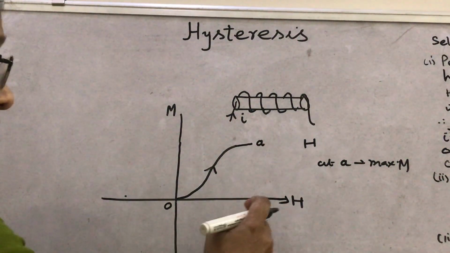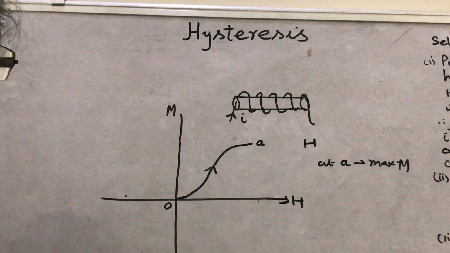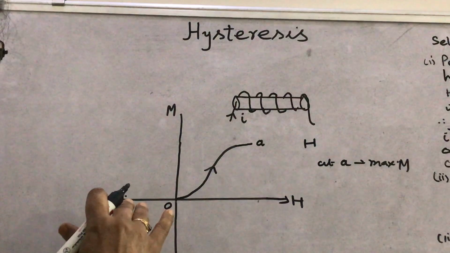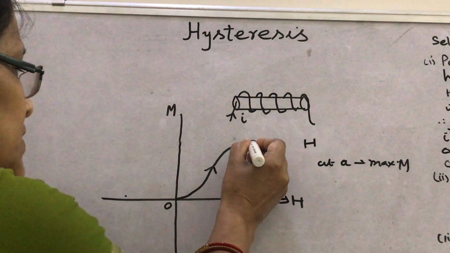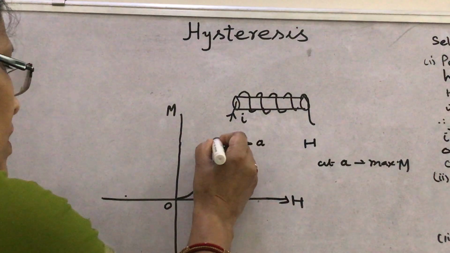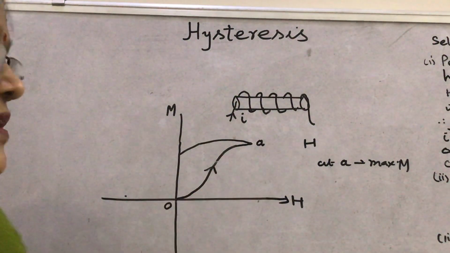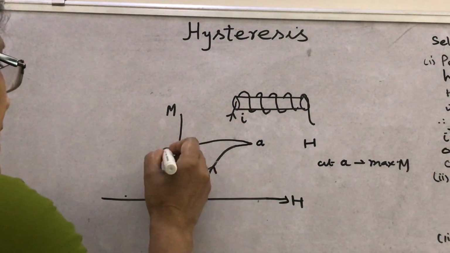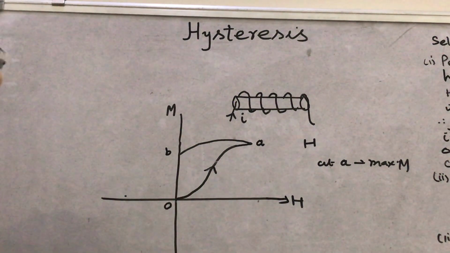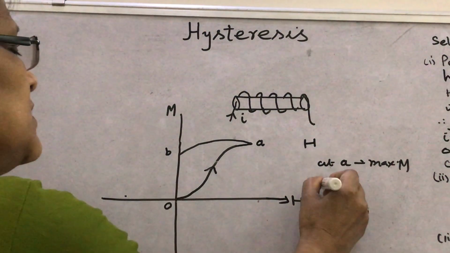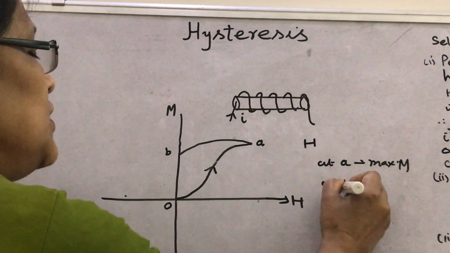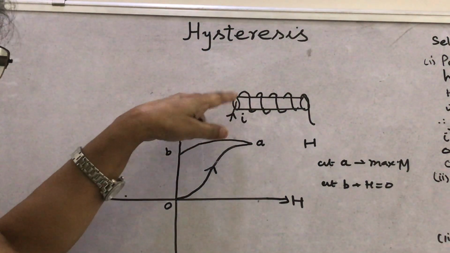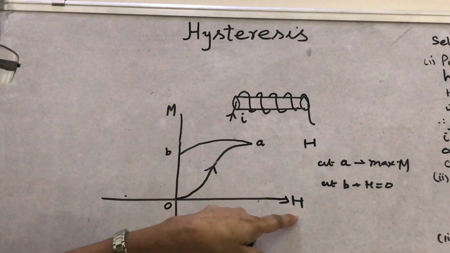Now what happens if H is reduced? After the maximum value of current, we start decreasing the current. It is observed that the fall of magnetization is not again proportional to H. At this point B, H is 0, as we decrease the current, and whenever the current becomes 0, H becomes 0.